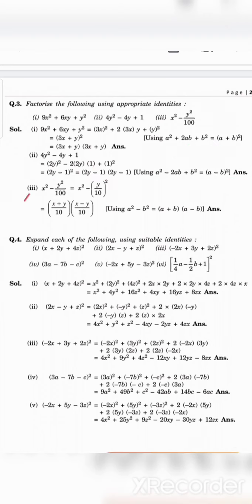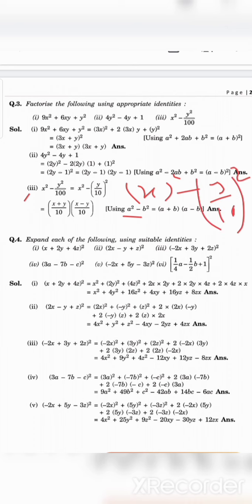Next question, number 3. Again we have to factorize the polynomial x square minus y square upon 100. This looks like our identity number 3, a square minus b square. So first we format the a square part as x whole square minus y upon 10, since 100 is 10 square, so y upon 10 whole square.